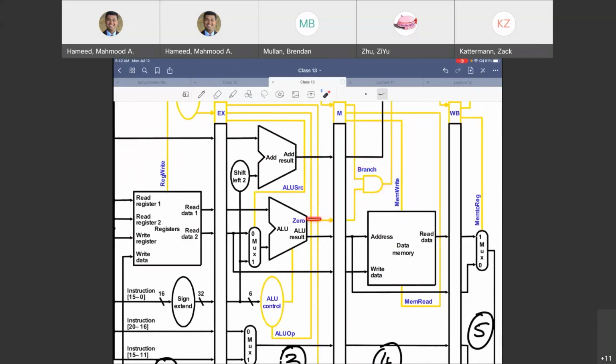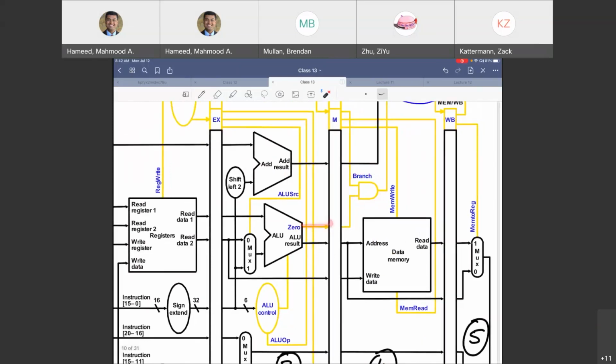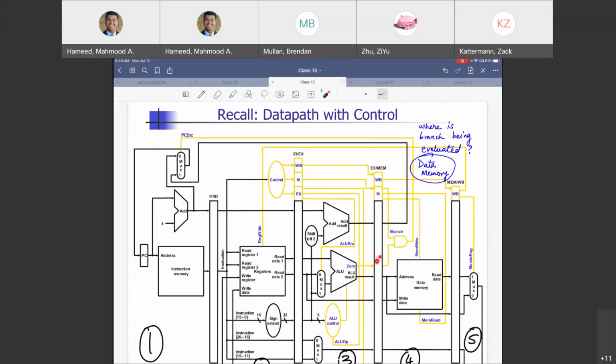So this zero result is written onto the EXMEM pipeline register. Then you read from it, that goes into the AND gate. So the AND gate in our data path is already over here. So one way to do this is probably moving this up.